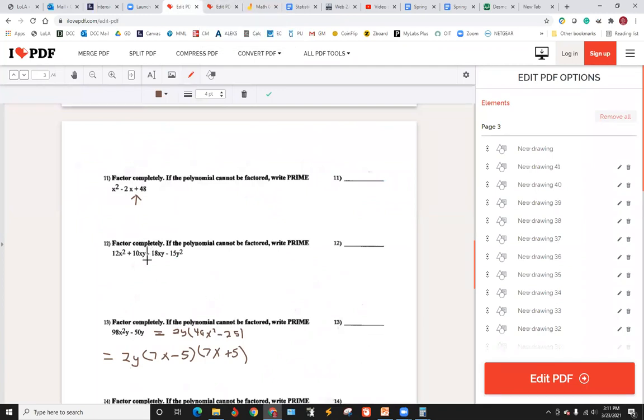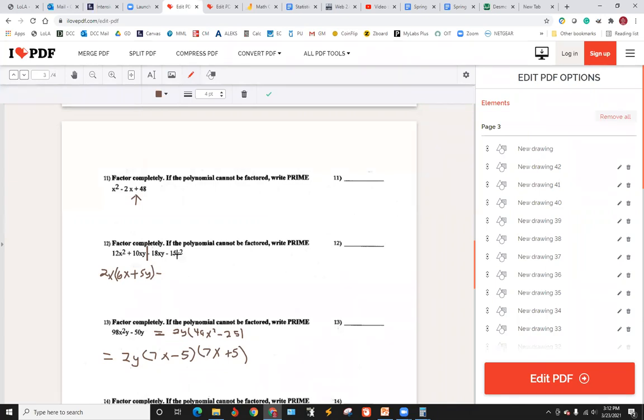So this one's 4 terms. That means we've got to use factoring by grouping. You've got x's in both and you've got even numbers, so 2x on this side, five y, and then that determines the sign. It's negative. The third term always determines the sign that goes right there.